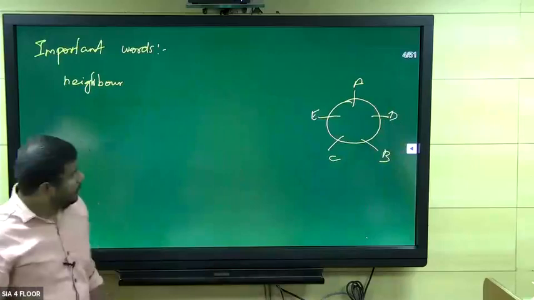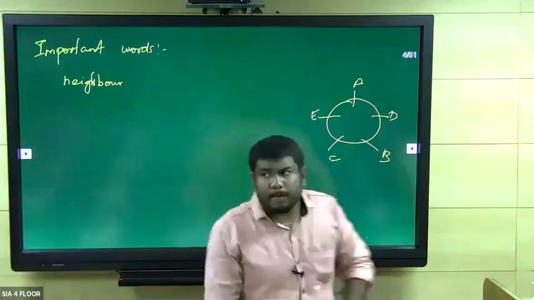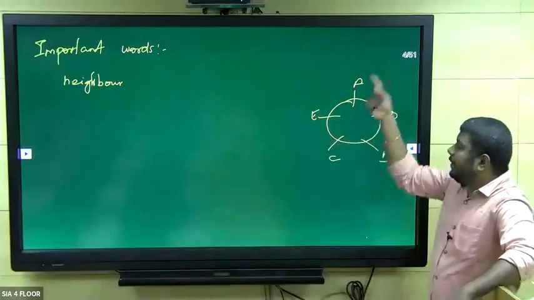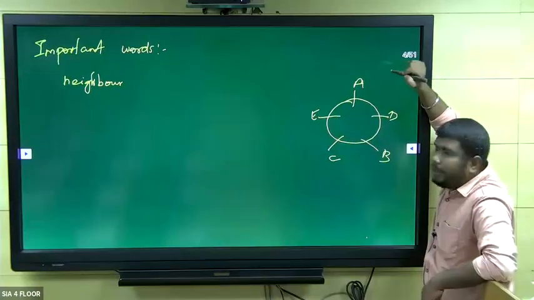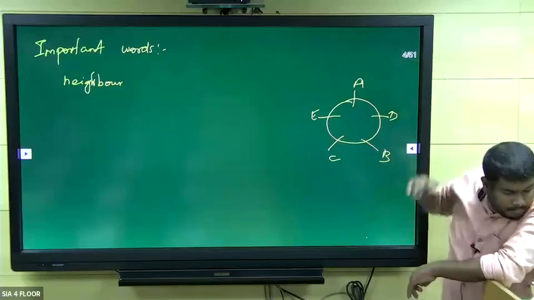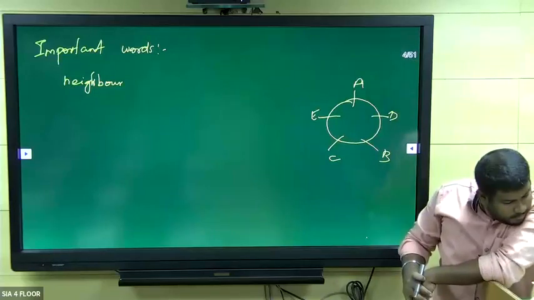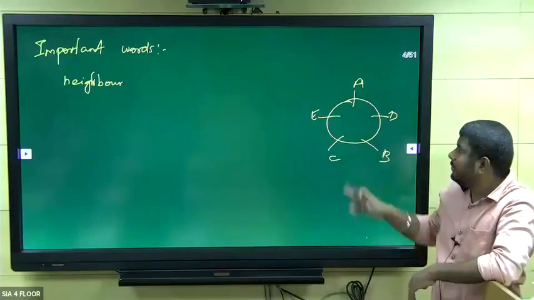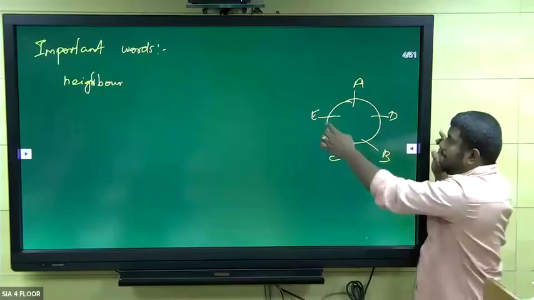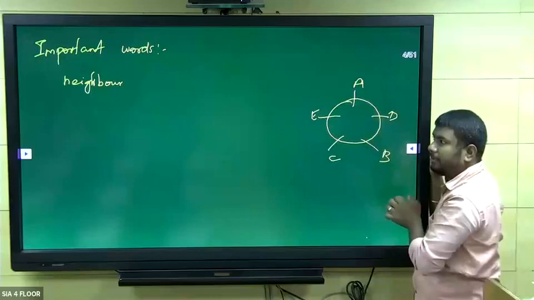Now tell me, who are the neighbors of A? E and D, right? E and D are the neighbors of A.